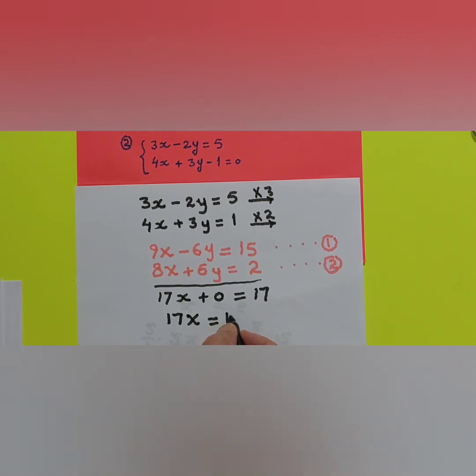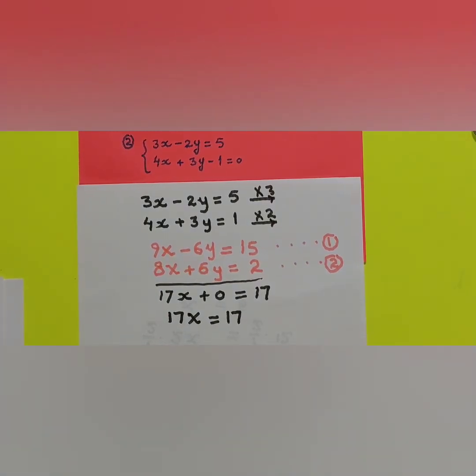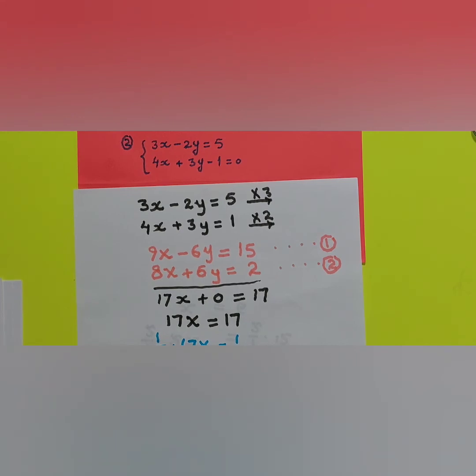Now we have to cancel number 17 in front of x by multiplying by the inverse of 17. What's the inverse of 17? It is 1 over 17, times 17. Or in other words, we just divide both sides by 17.